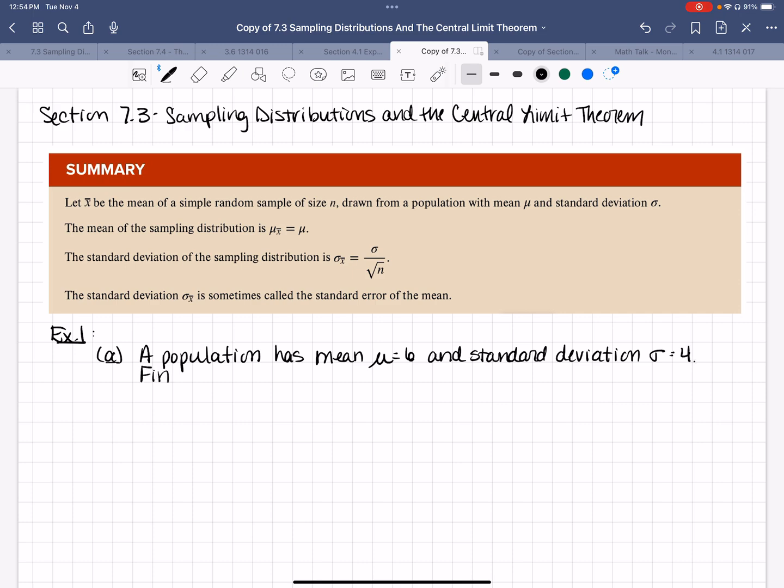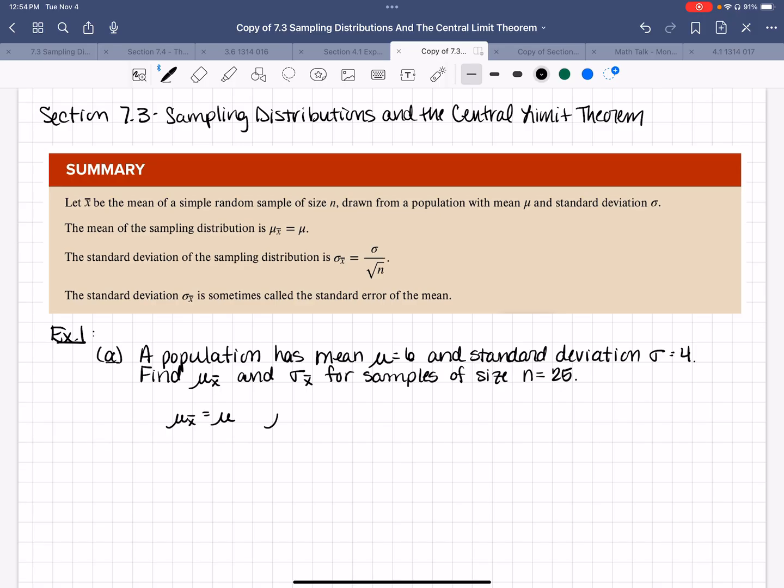We want to find the mean of x bar and the standard deviation of x bar for samples of size n equals 25. Okay, so I know from the summary above that mu of x bar actually equals mu.